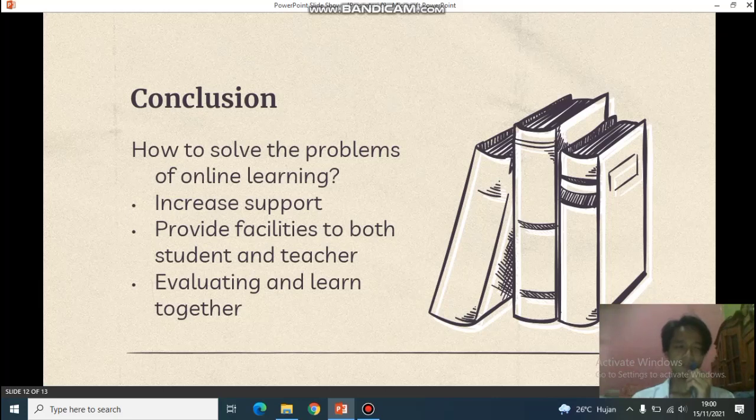So it is important for us to evaluate and find what's wrong with this process, with this kind of system, so when we spot the wrong side, we can fix it and be better in the next learning process, and learn together.